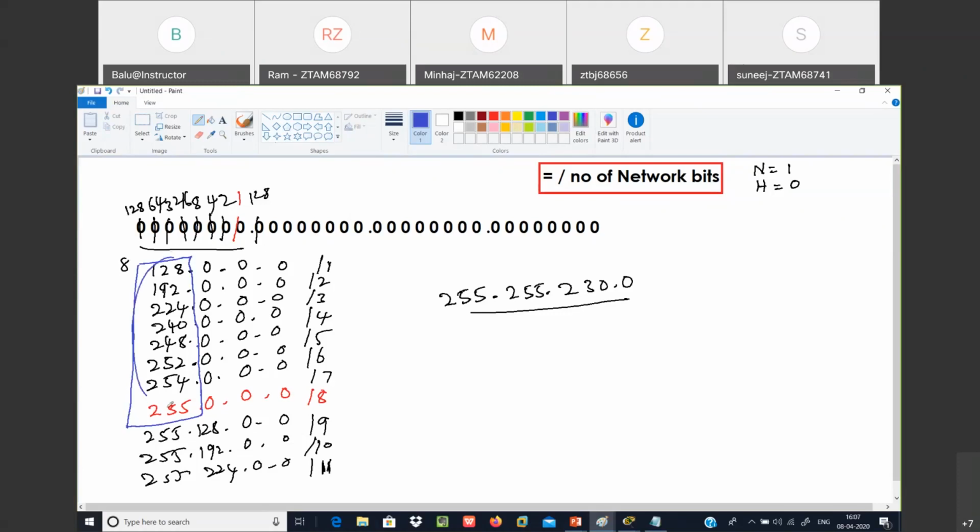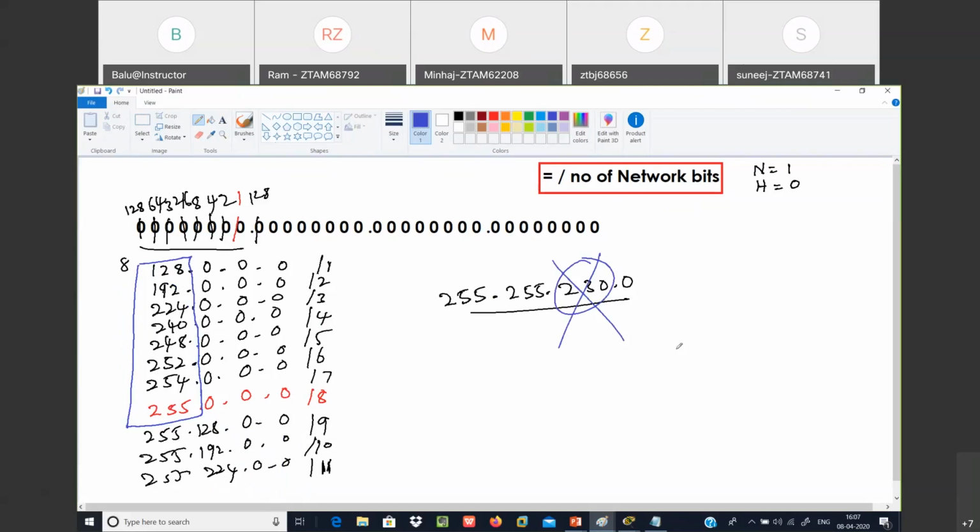The same values repeat in the second, third and fourth octets. So what about 230? 230 is invalid. It's not at all a possible subnet mask.